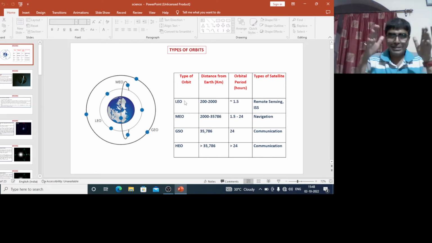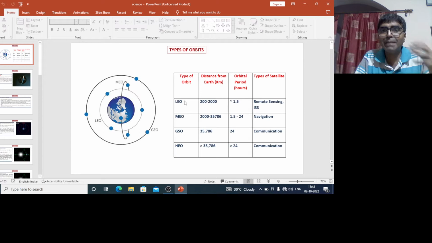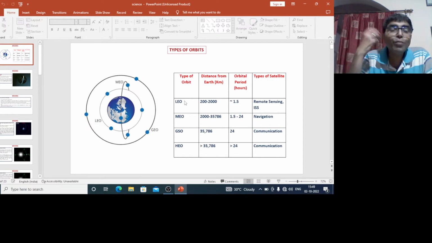Here we define low earth orbit with the help of the altitude, the distance from the surface of the earth, which is 200 to 2000 kilometers, and its orbital period is 1.5. What is the orbital period? That means the satellite is moving with which velocity? That is 1.5.